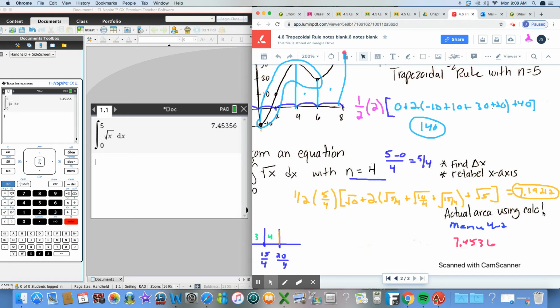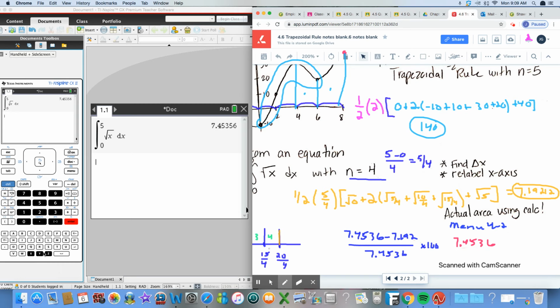I don't have to actually put it in the calculator, but it would be 7.4536 minus 7.192, and then divide that by 7.4536. It doesn't matter which way for us, because we're not worried about direction. We'll just do the absolute value of this. So it doesn't matter which way you subtract. And then multiply by 100. And that would give you your percent error.